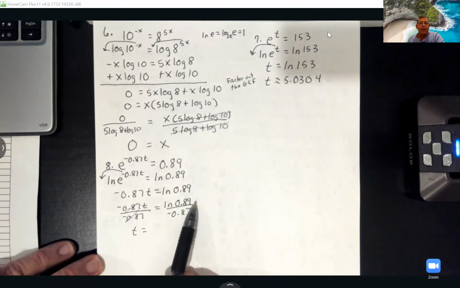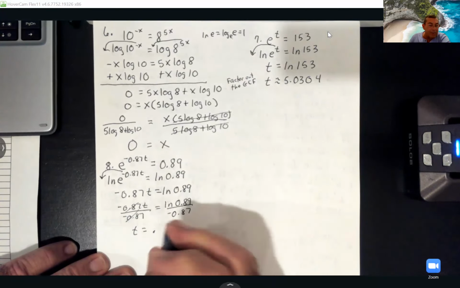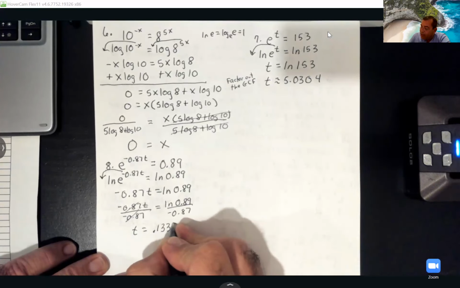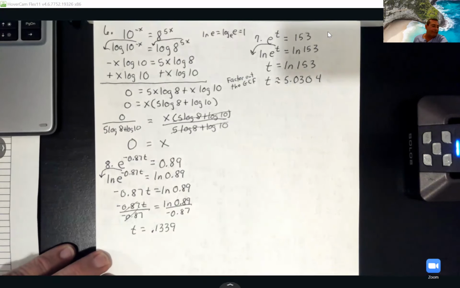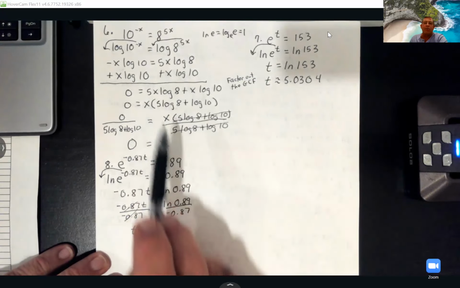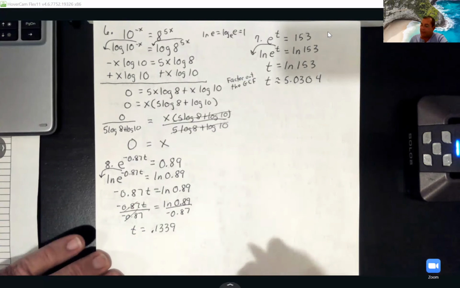And this, I would punch in my calculator, and let's see, this is going to give me a 0.1339. So, like I said, you just got to watch it on these ones where you got the LNs and the logs left, because those are going to definitely give you 4 decimal places, okay?